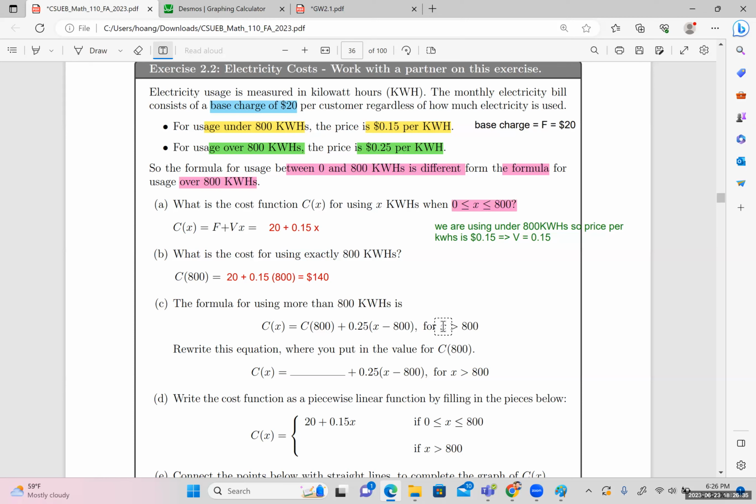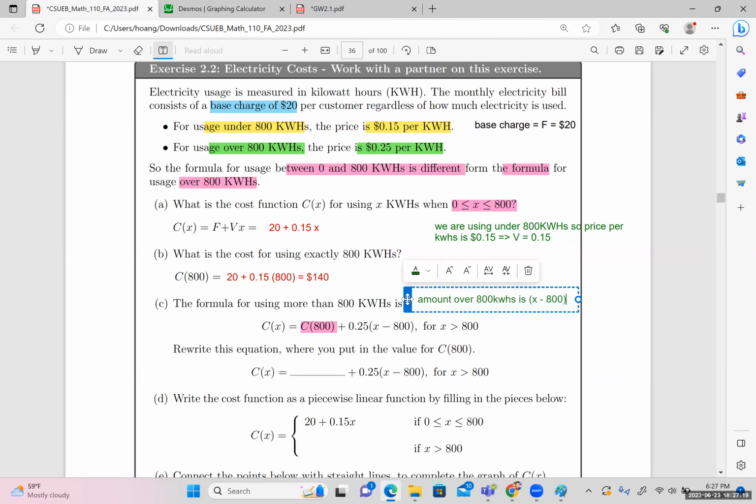The base charge now becomes the cost of 800 over here, and you add the amount over 800 kilowatts, which is x minus 800.